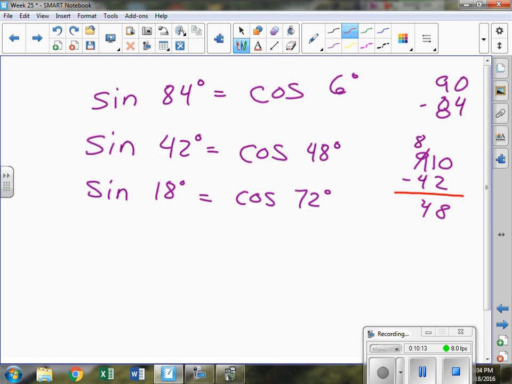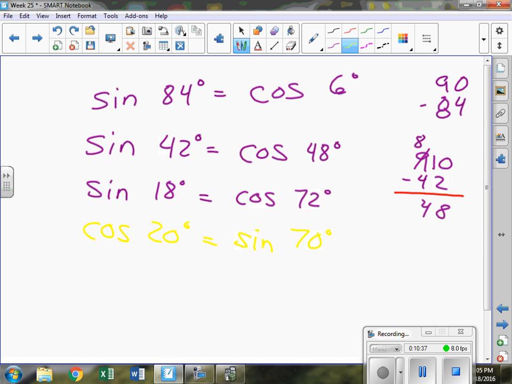The cofunction theorem also works the other direction. If we start with a cosine, cosine can be turned into sine by taking the other angle. So what's the other angle that's going to take you from 20 to 70, or up to 90?